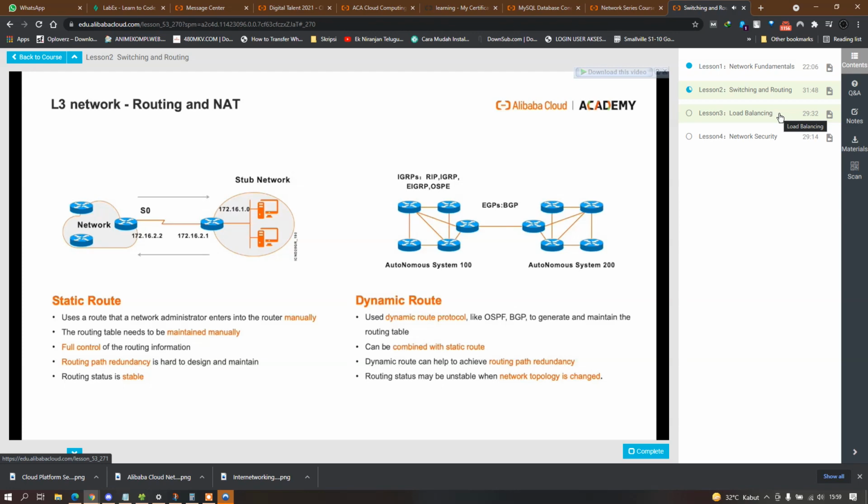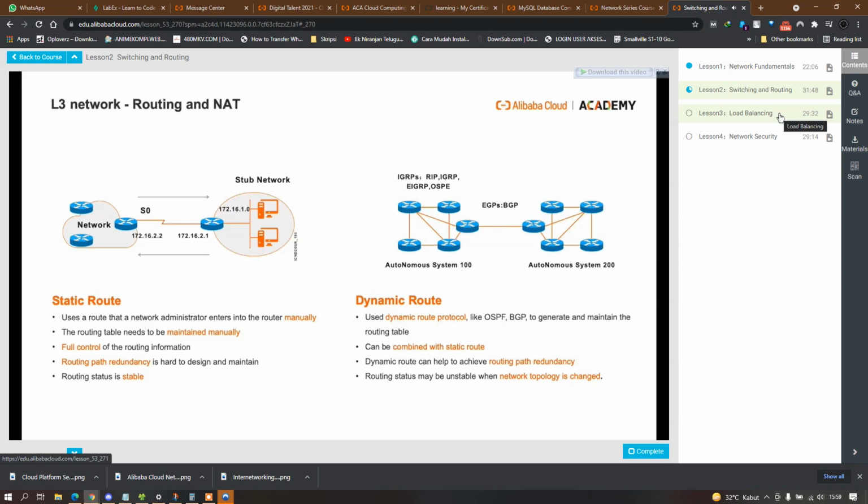And the second one is that for static route, there is a big advantage that you have full control of the routing information, which means if you are the administrator of the router, you will be very clear about the routing information on the router.